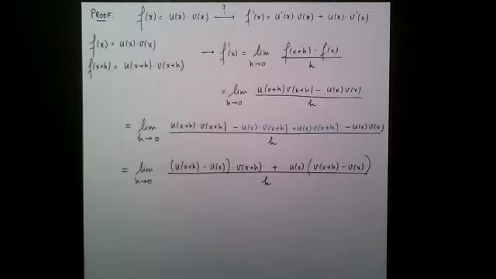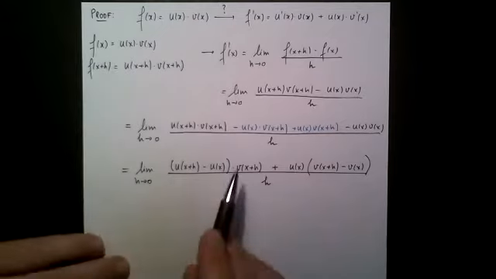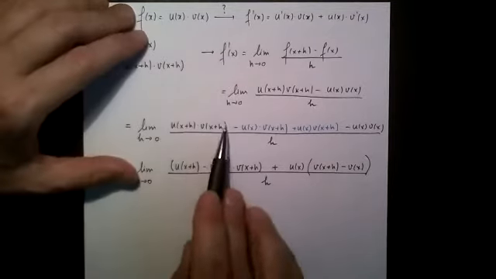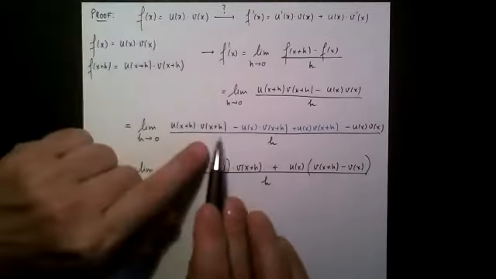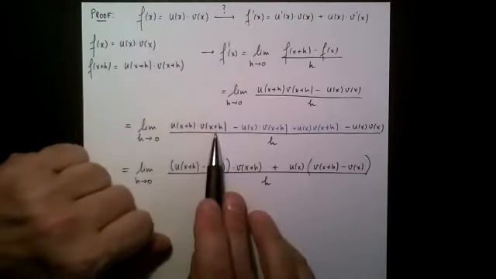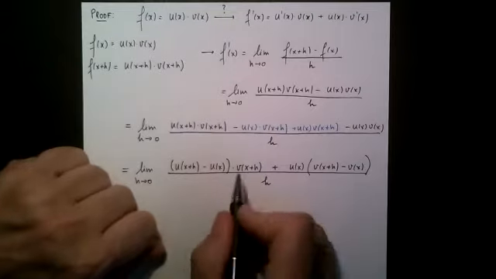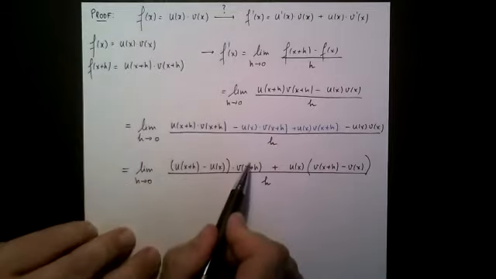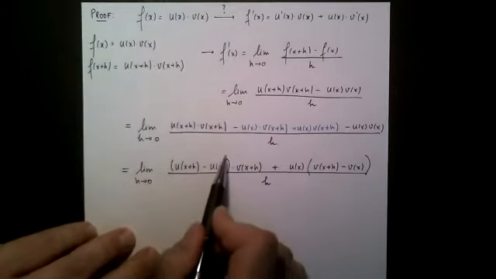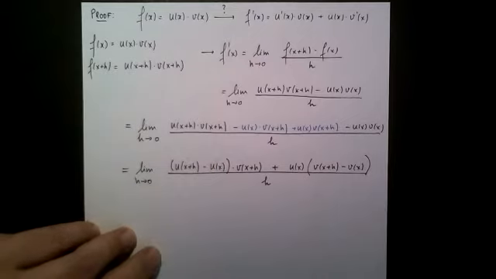Michael, you don't understand the last step or the step before? The last step. Okay, so the only thing I did is I factored out, from these two terms, the v of x plus h that is in common. If you were to redistribute it, you'll get back to what you have on top.